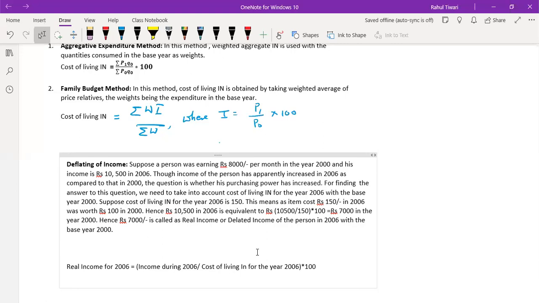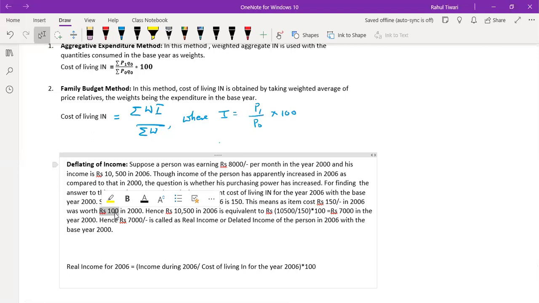Okay, this means that the cost of 150 rupees in 2006 was worth 100 rupees in 2000. Meaning, your normal cost was 100 rupees in 2000. In 2000 the cost of living was 100 rupees, that is always fixed.